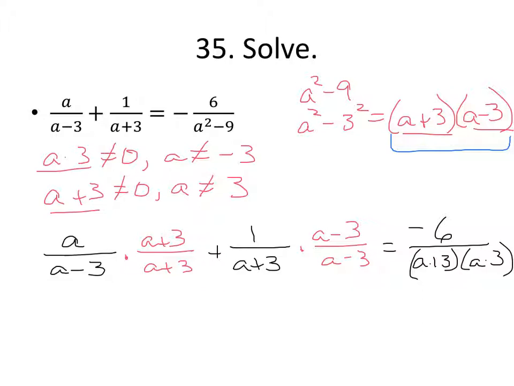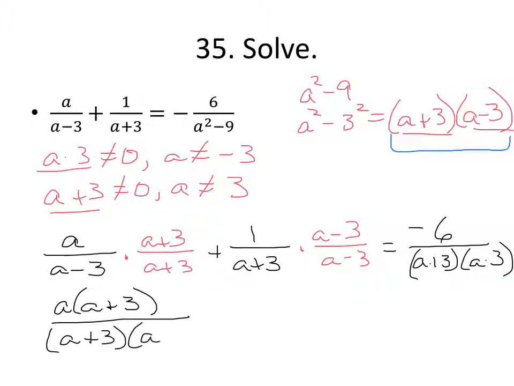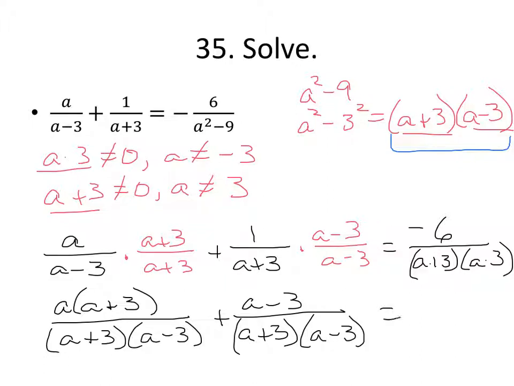So we rewrite this as a times a plus 3 over a plus 3, a minus 3, plus 1 times a minus 3 over a plus 3, a minus 3, equals negative 6 over a plus 3 and a minus 3.